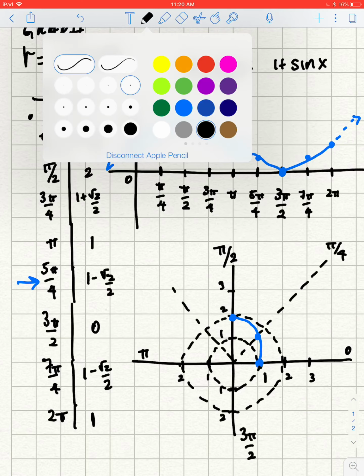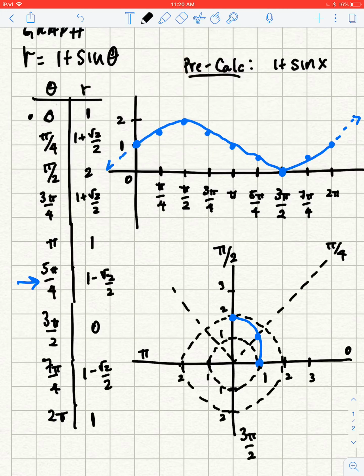My bad. So we did those, right? You can see those first 3 points. Now we're at 3 pi over 4, and our value is 1 plus, so that's a little in between, right there. And then we're back down at pi to 1. So you can see then it continues like that. So that's the shape we have so far.